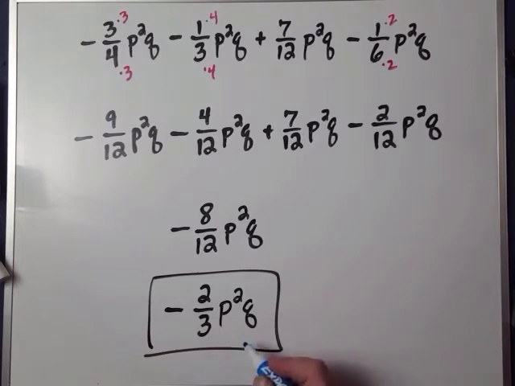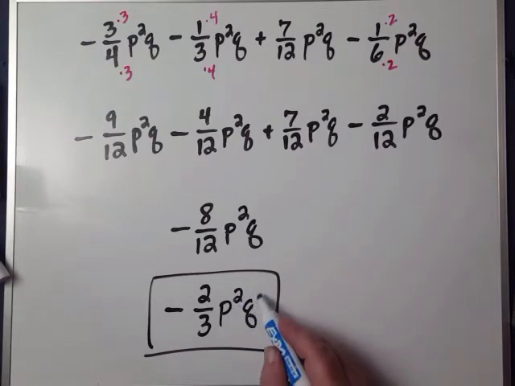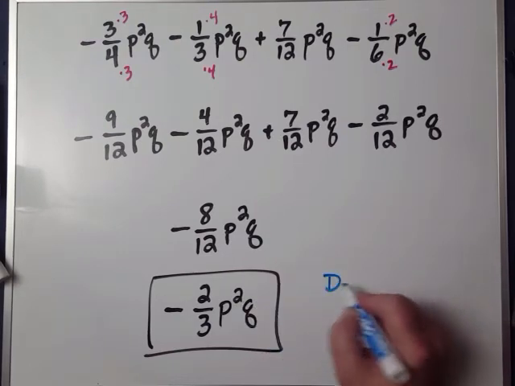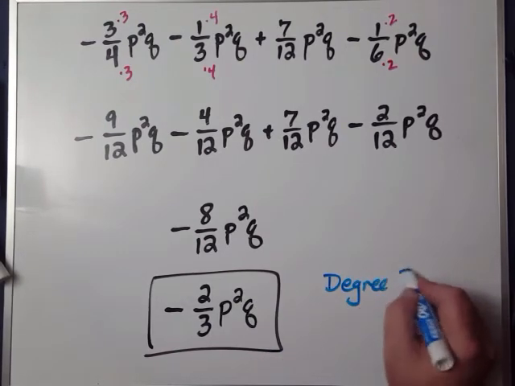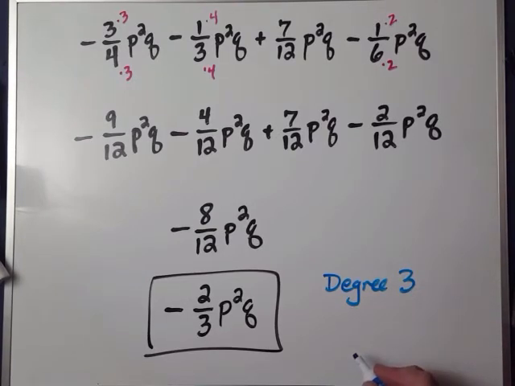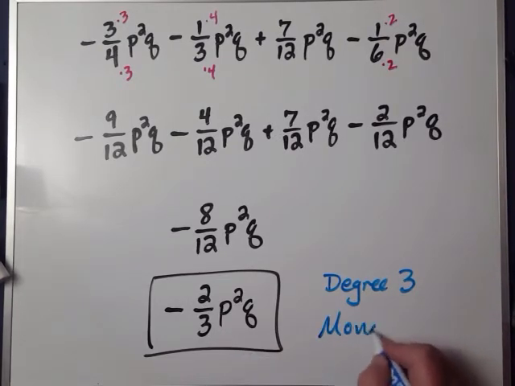The degree of this polynomial, add up the powers on the variables. That's p to the second and q to what? Q to the first. 2 plus 1 is 3. This polynomial has degree 3. And what kind of omial is it? There's one term, so this is a monomial.